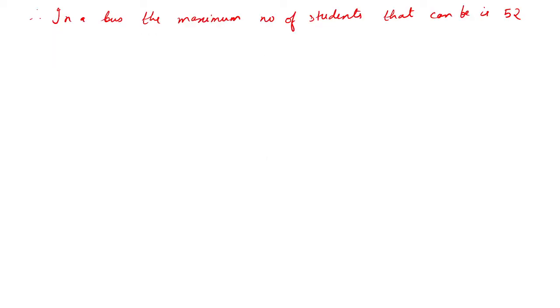Okay, so in each bus, if 52 students can be seated, then let's first find the total number of students. The total number is going to be 156 plus 208 plus 260, which is 624.